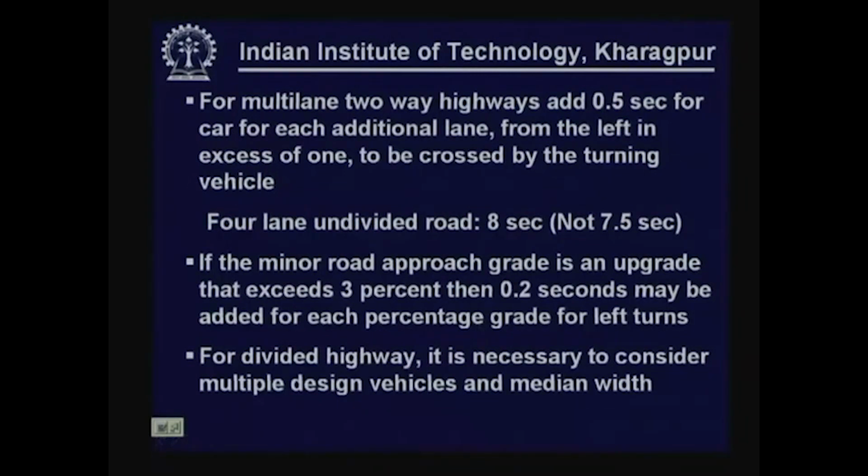And for divided highways, it is necessary to consider multiple design vehicles and median width, because it will vary substantially depending on the exact median width, whether it can store a vehicle, that means it will also depend indirectly on the type of design vehicle. So, there are appropriate considerations for all these conditions, considering the effect of median width and different design vehicles.